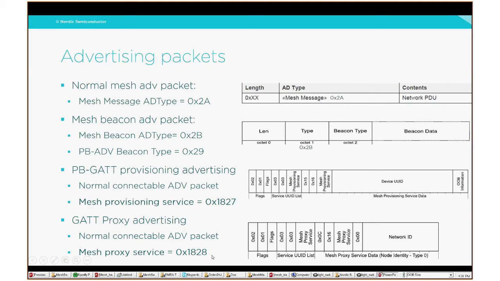So this is how, if you do scanning using a sniffer, you can check if it's advertising for provisioning, meaning there's a new device wanting to get provisioned, or it's just a node that is provisioned and then advertising as a proxy. When advertising as a proxy, instead of the device UUID, you will have the network ID in the payload.